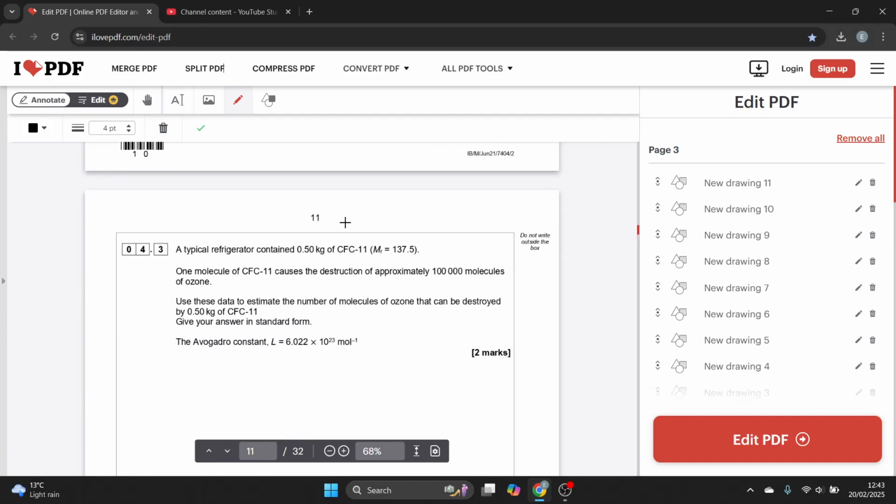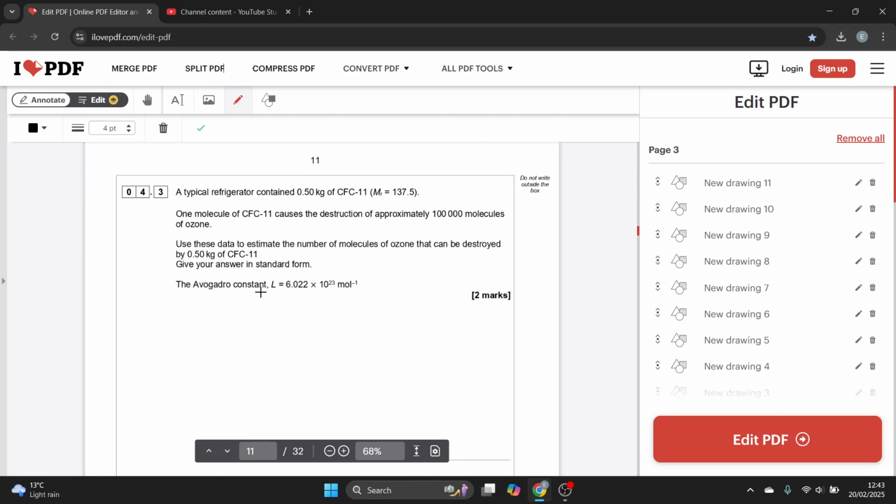Okay, question 4.2. A typical refrigerator contains this much of CFC-11. One molecule can cause the destruction of approximately 100,000 molecules of ozone. Use these data to estimate the number of molecules of ozone that can be destroyed by this much of CFC-11. Give your answer in standard form. So I can find out the moles of CFC-11.